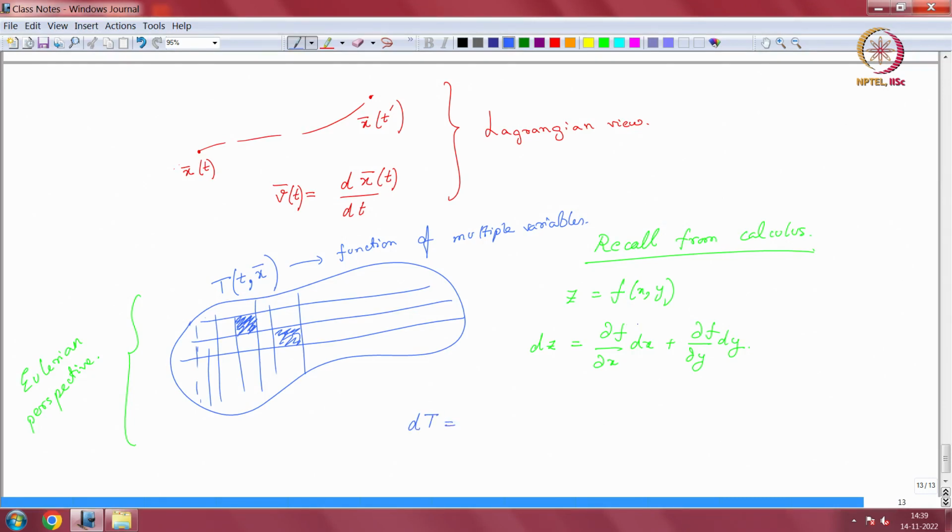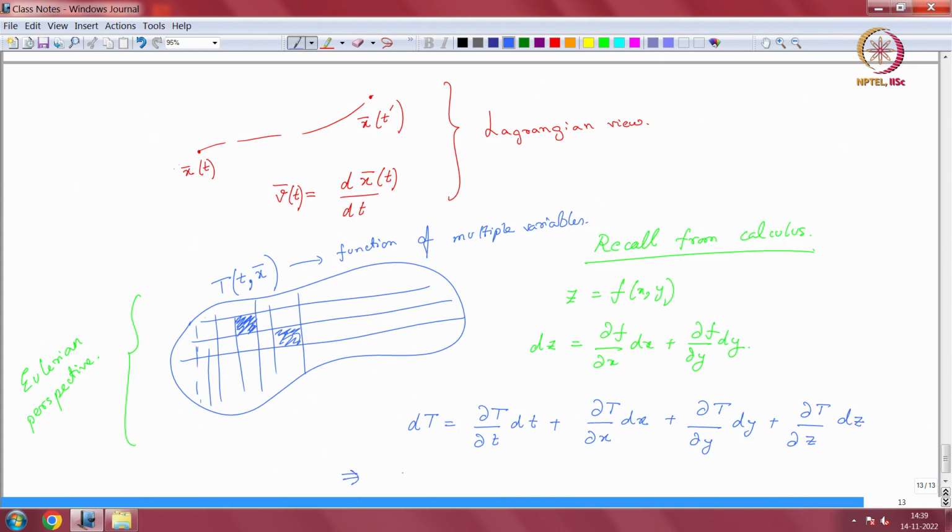I have to apply this multivariable calculus idea here, and what I will end up having is simply del T del t plus, let us say, del T del x times dx. So for 3 dimensions, if I had to do this, I will end up with this.